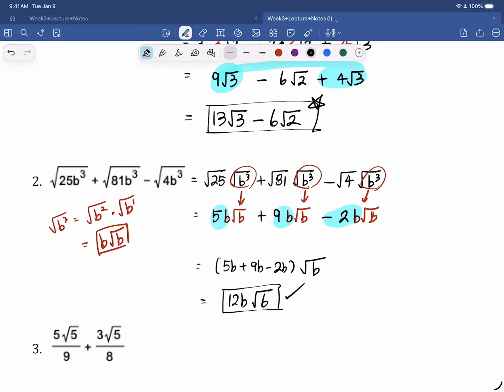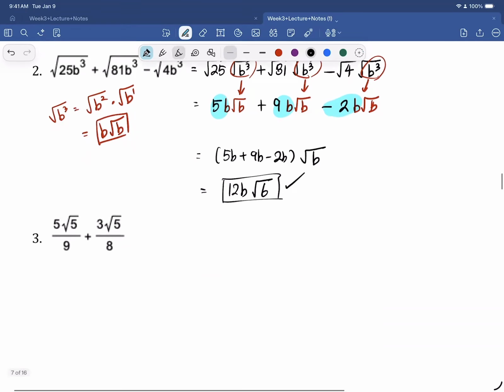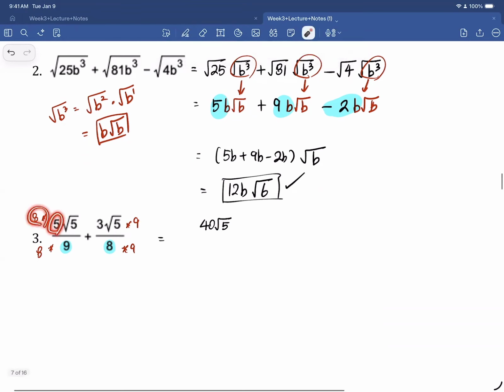Okay. Any other question? Number 3, we have to find the common denominator between 9 and 8, which is 72. So that's why this is multiplied by 8, and then this is multiplied by 9. So this one is the 40 square root of 5, because 8 times 5.